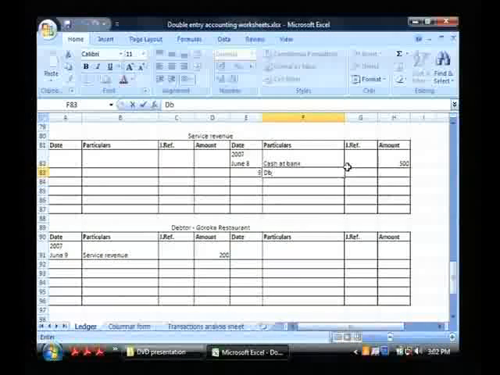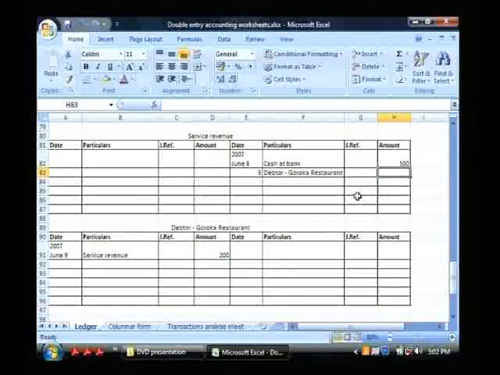Here write the title of the corresponding account. Debtor Guruka Restaurant, amount is 200.